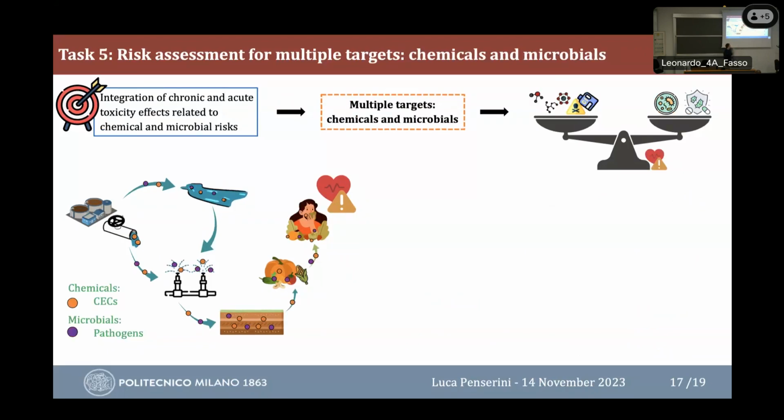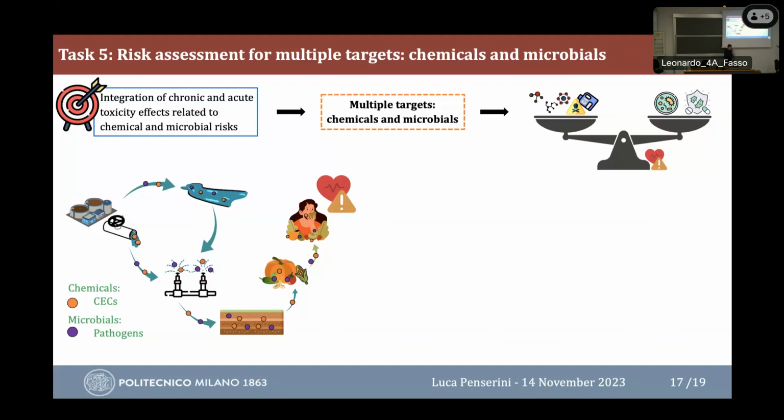Finally, moving to the last task, as I said before, we can have chronic or acute toxicities, and the idea is to integrate them. But the challenge is that the acute toxicity happens in a really short period, while the chronic toxicity is a toxicity that you can have over a lifetime period.